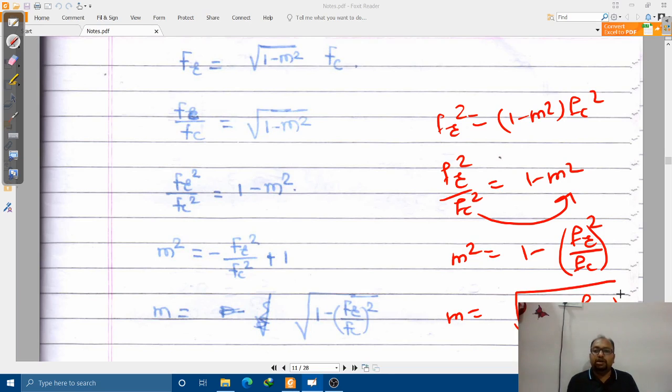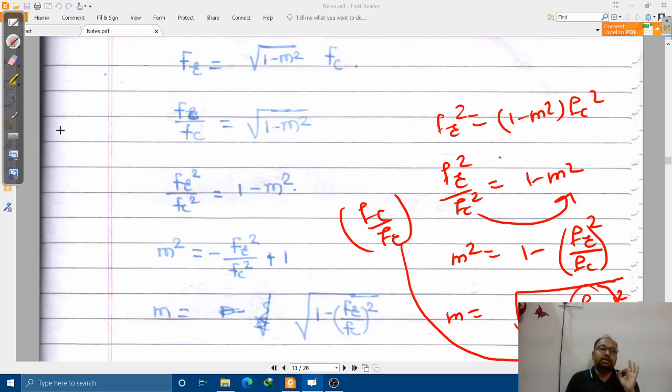In case of your low pass filter, this ratio was different. It was fc divided by fr, right? And over here, in case of your high pass filter, it is simply inverted. So you just remember that.